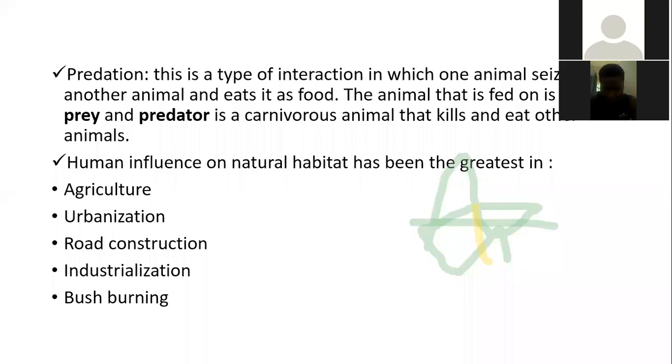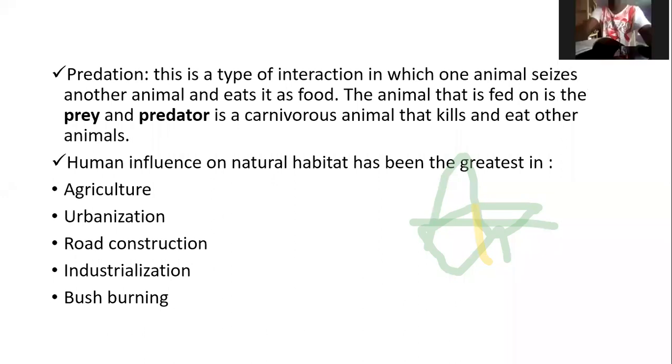The last point is bush burning. Now, this bush burning is mostly not beneficial. In a way, sometimes it helps to clear a particular unwanted farm produce.